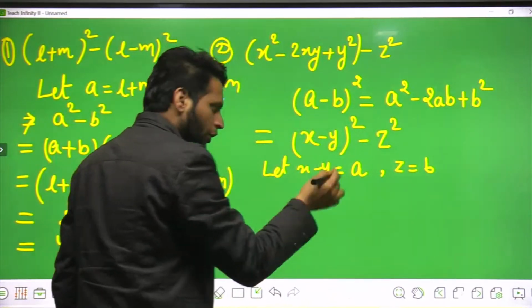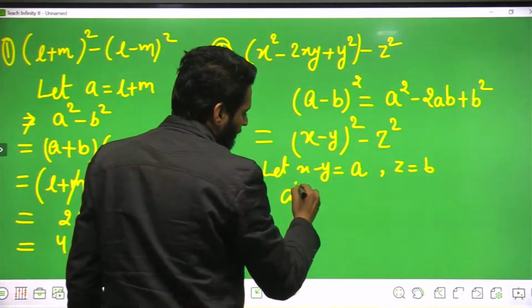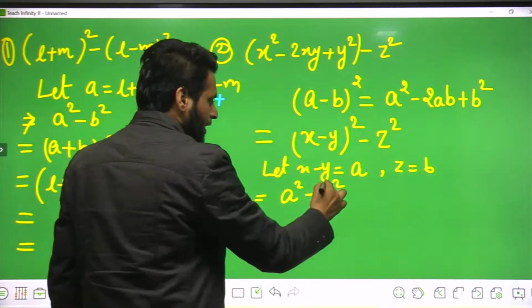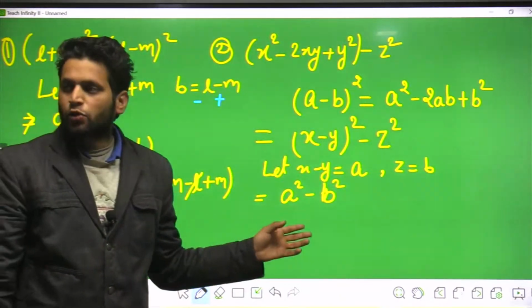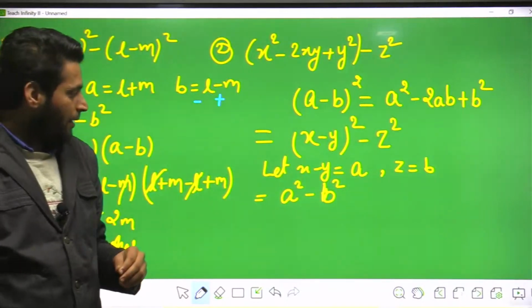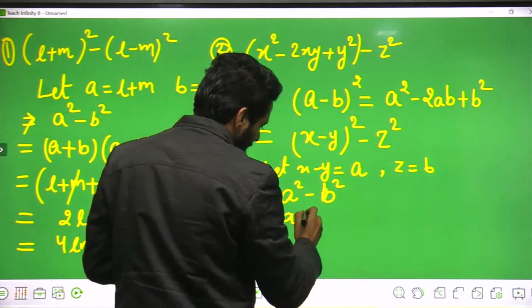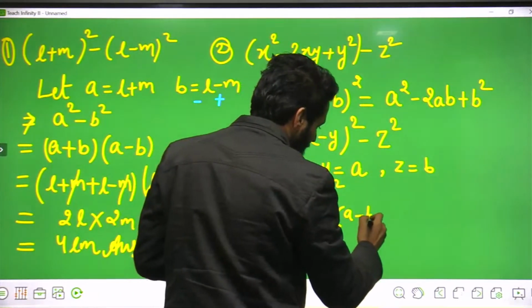So according to it we can write a square minus b square, and the result of a square minus b square is (a plus b)(a minus b).